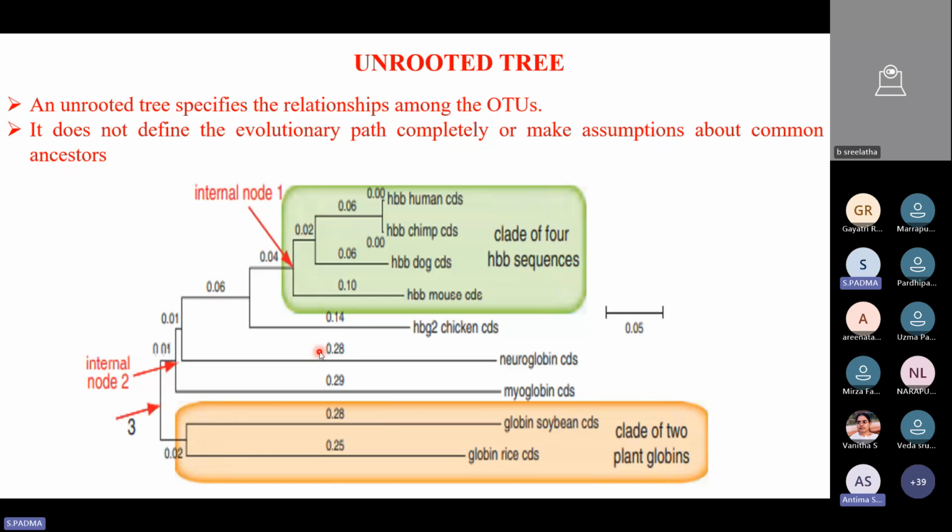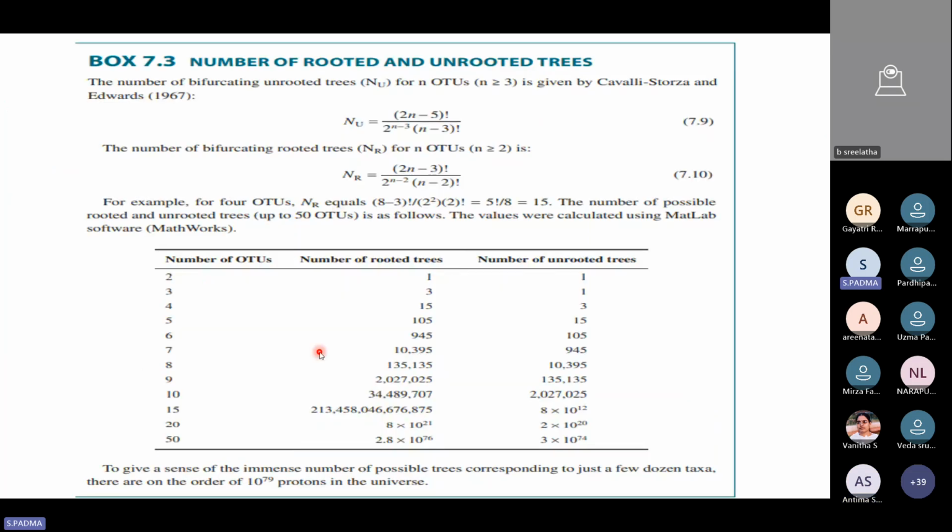Yes, ma'am. Now let us see how to calculate the number of rooted trees and unrooted trees. There is an equation by which you can calculate the number of possible unrooted trees which can be formed from one particular operational taxonomical unit.